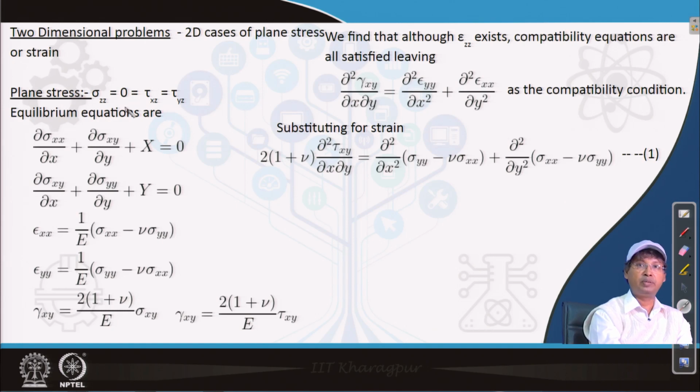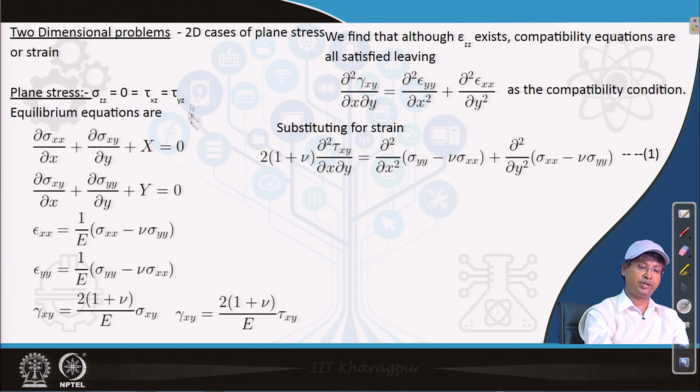In case of plane stress, as we have already said, in the z direction all the stress components are 0, that is sigma zz equals 0 and tau xz, tau yz are also equal to 0.